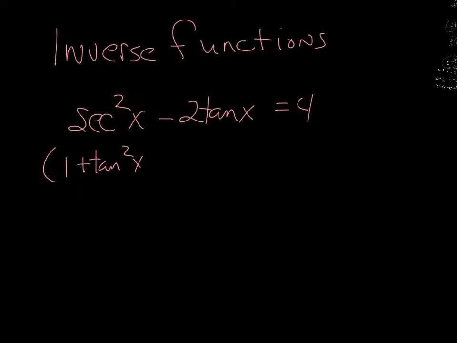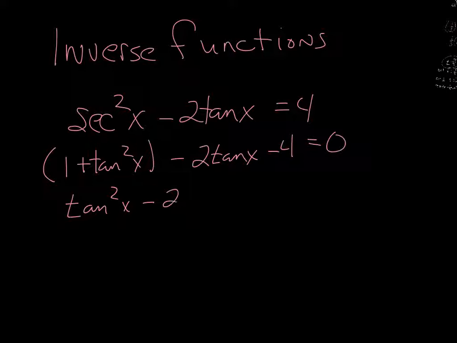I think this is almost the same as the one we did earlier, isn't it? Minus twice the tangent of x minus 4. So we have tangent squared x minus twice the tangent of x minus 3 equals 0. Fairly easy to factor.